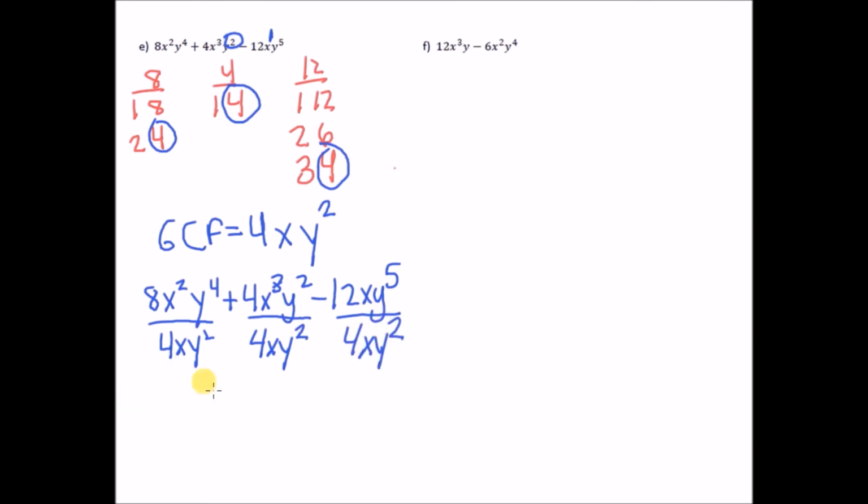Okay, so we put the greatest common factor in front, which is 4xy squared. And then in the bracket, what we do is we divide.